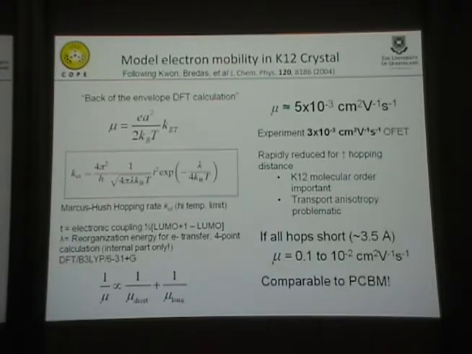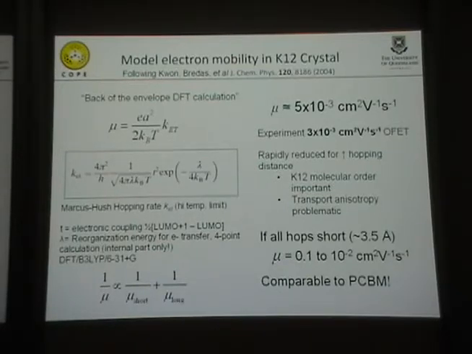We can find this electron coupling term T just by taking half of the LUMO level splitting of each dimer. And we can also calculate the reorganization energy for electron transfer doing the 4-point calculation mentioned earlier in the week. And we only take the internal part of this for simplicity. And we then add the transit times, which is the same as adding the mobilities in parallel.